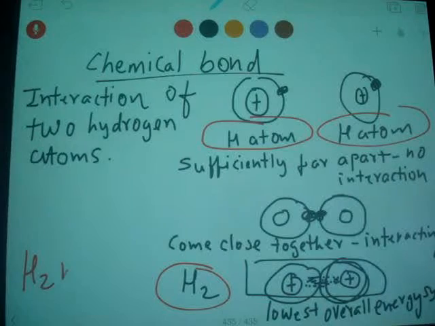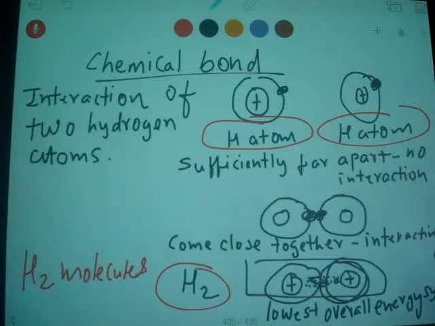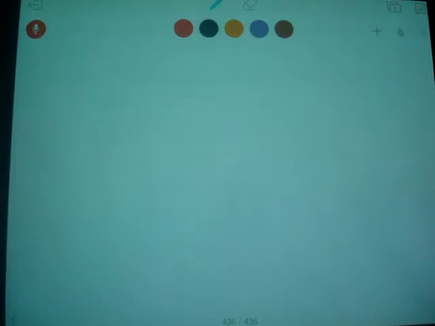Whenever a chemical bond forms, most of the time the outermost valence electrons interact. When you see this interaction graphically, I'm going to draw it on the next slide.